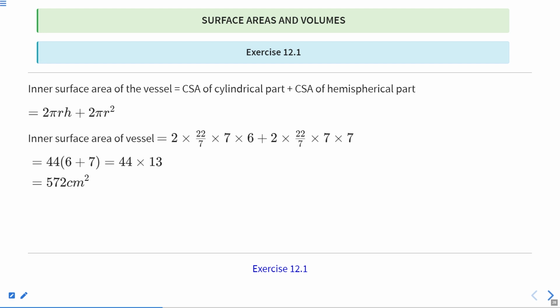In this problem we have already found the radius of the cylindrical part, the height of the cylindrical part and the radius of the hemispherical part.